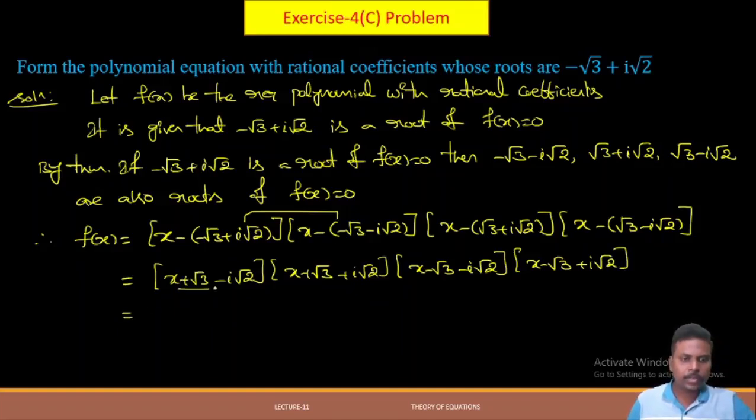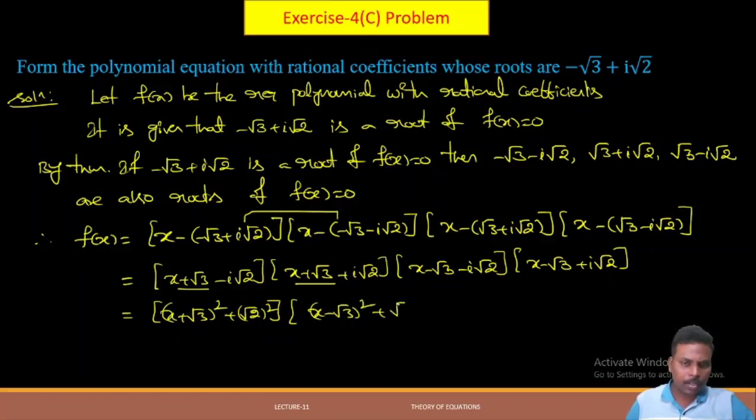So x plus root 3 minus i root 2 plus i root 2, this is x plus root 3 whole square plus root 2 whole square, into x minus root 3 whole square plus root 2 whole square.